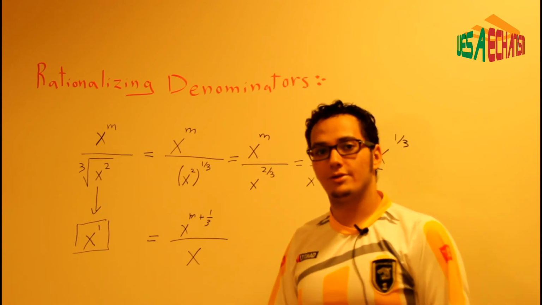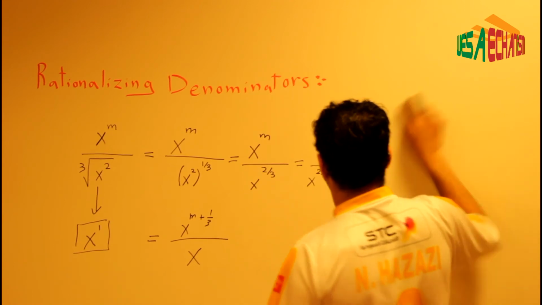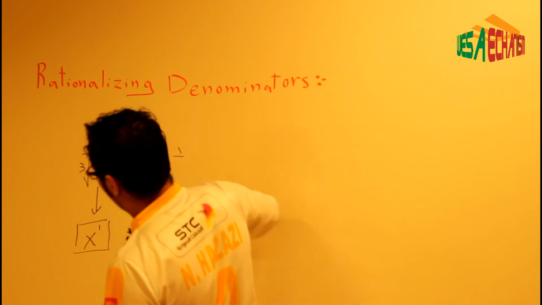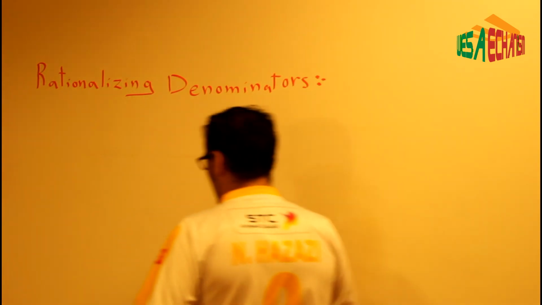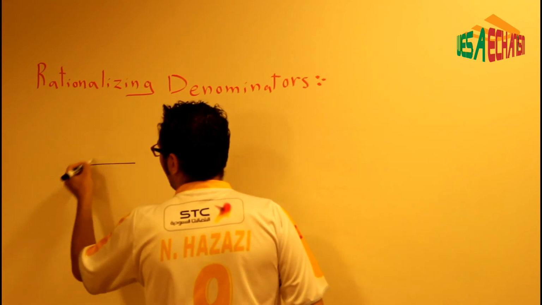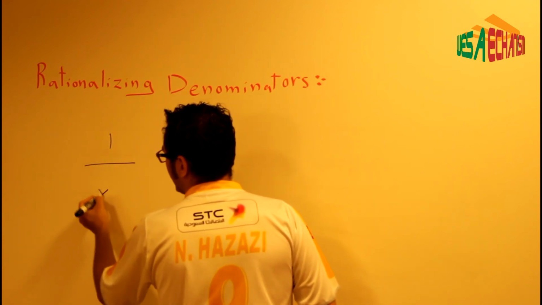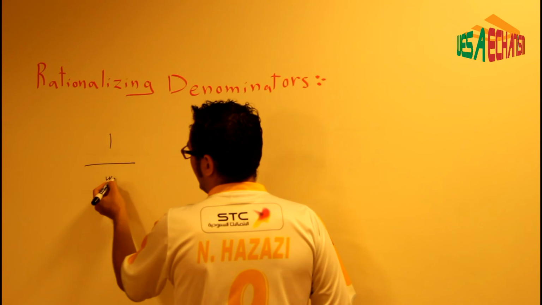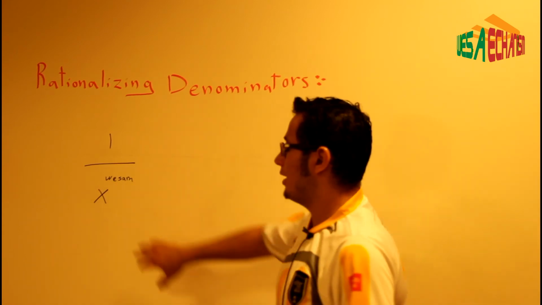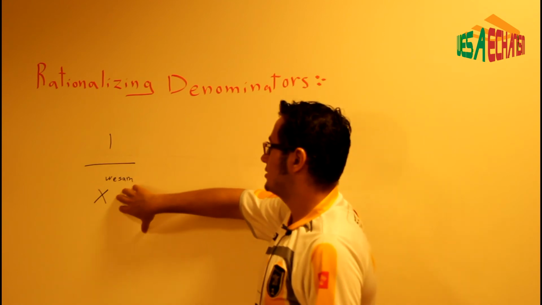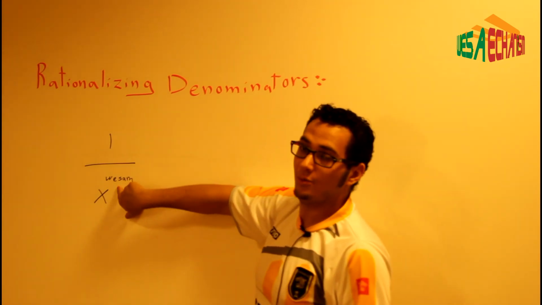I will give you one more example, a very silly example, just to make sure that you fully understand this problem. Let's say that we have 1 over x to the power Wissam, which is me. And we want to make sure that there is no Wissam in here. We don't want Wissam.